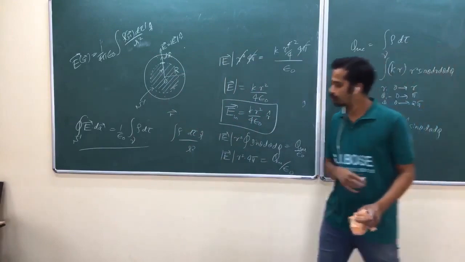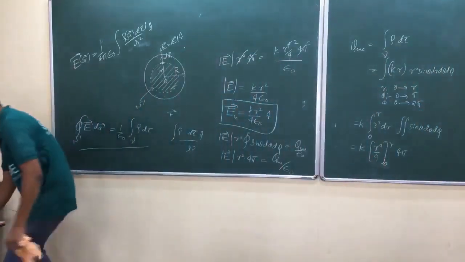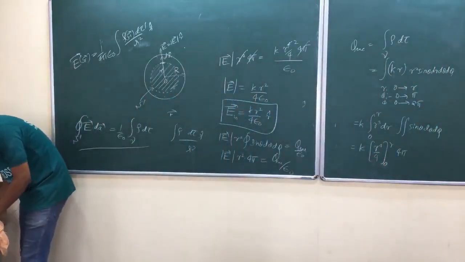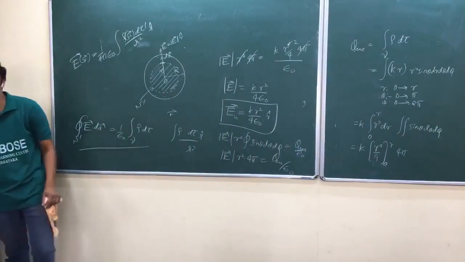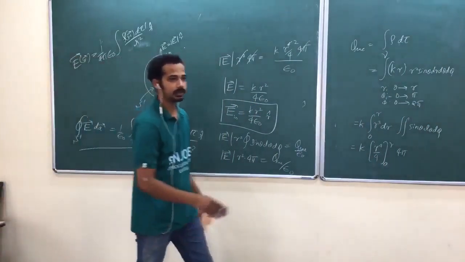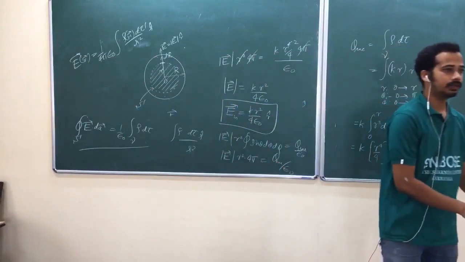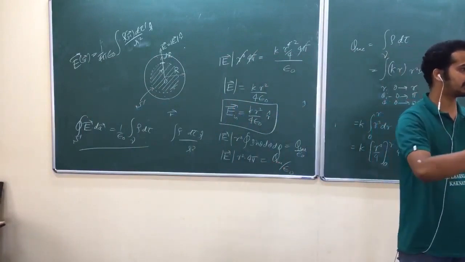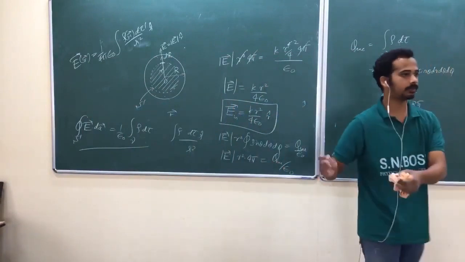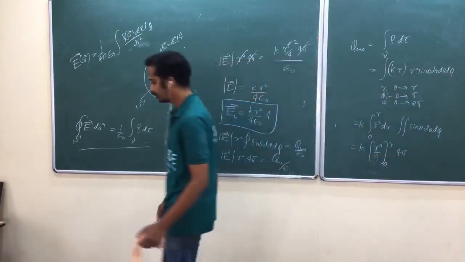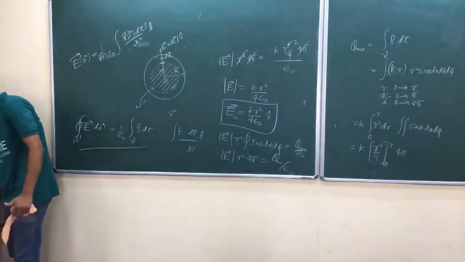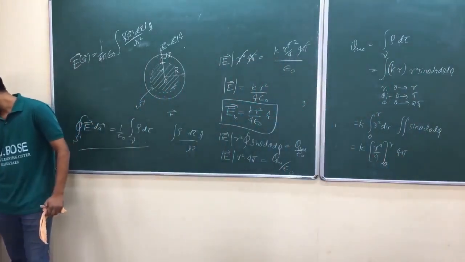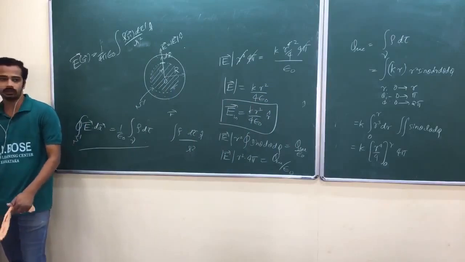Okay. So do the problem step by step. He has given a problem, I think problem number 2.9, where he gives a charge density and asks you to find the charge within some region. In that problem, you have to integrate and find the charge. Do problem number 2.9, then again go for this Gauss law problem.